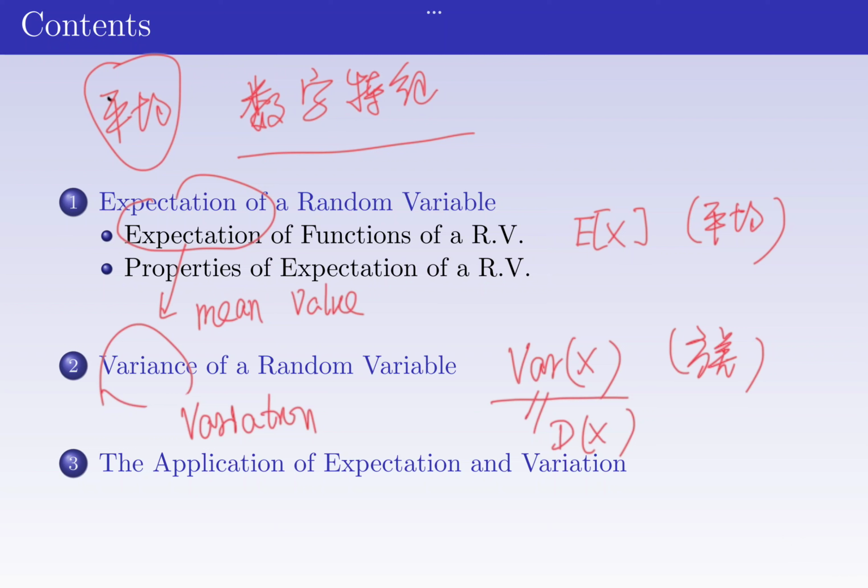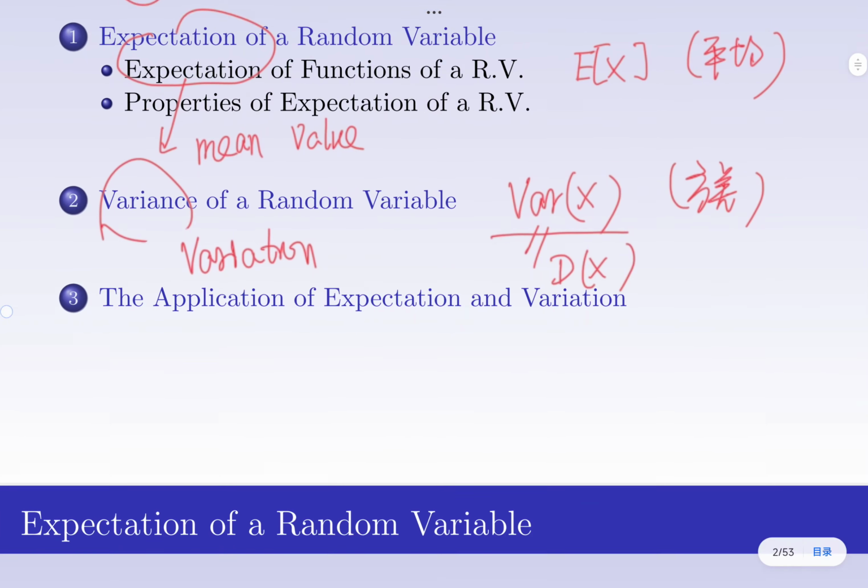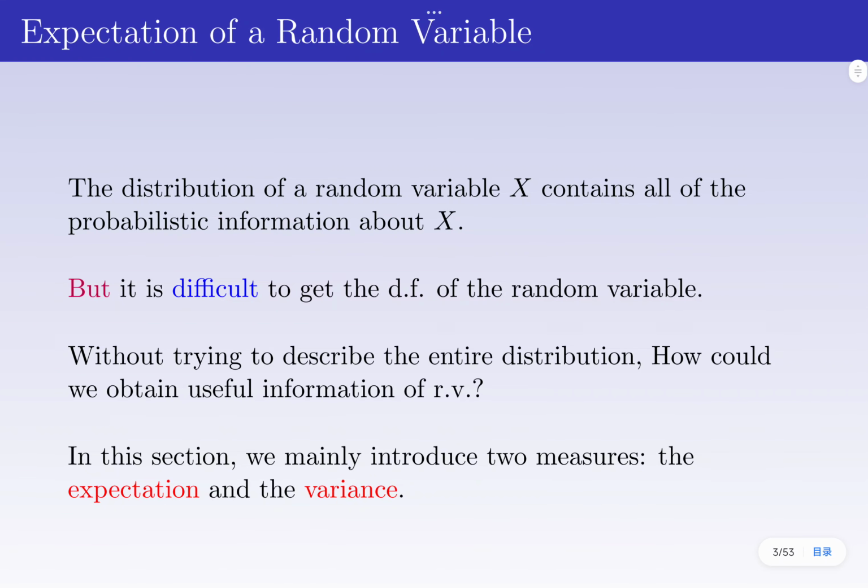Okay, there are three main parts: the expectation of random variables, that is how to find E[X] and what the probability is, then the variance, and then some applications. So what is the expectation of a random variable and why do we need it?